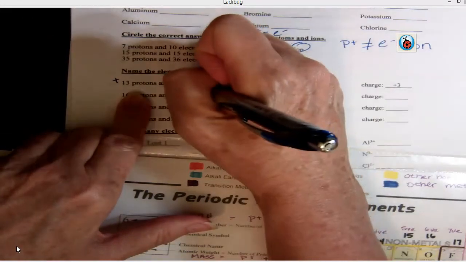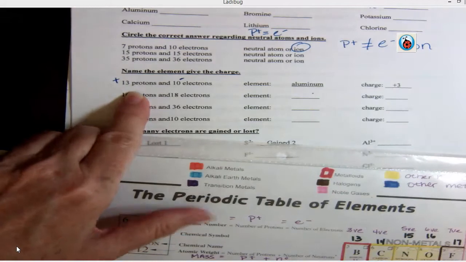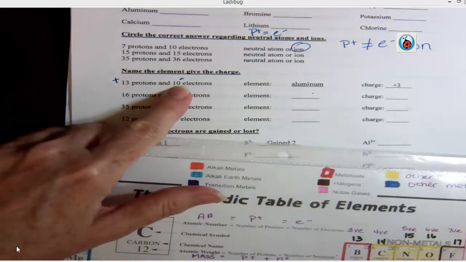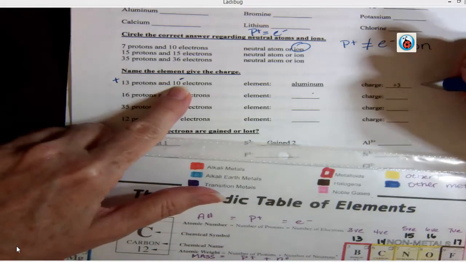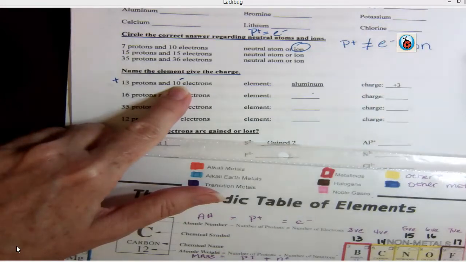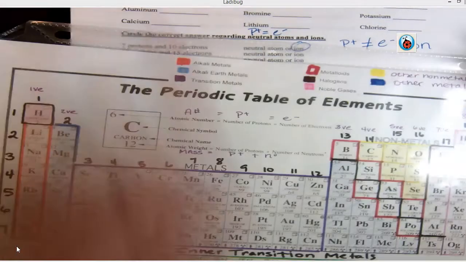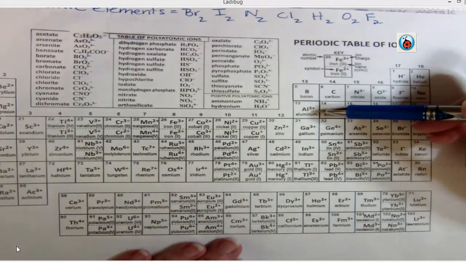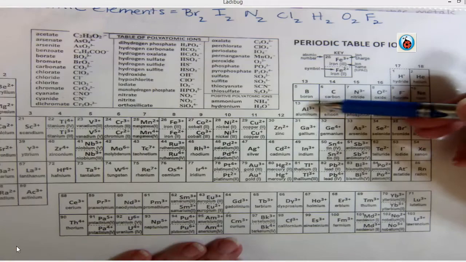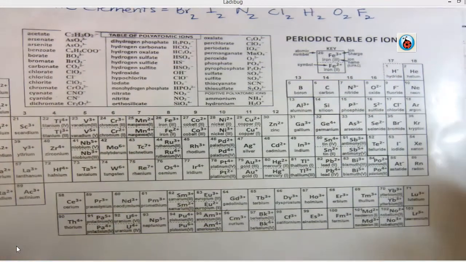I've got 10 electrons, minus 10. So 13 minus 10 is what? Plus 3. All right, that's where the charge comes from. What's the charge on the aluminum? Plus 3. What does that mean? That means I've lost 3 electrons. I have 3 more protons than I do electrons. That's what that means.